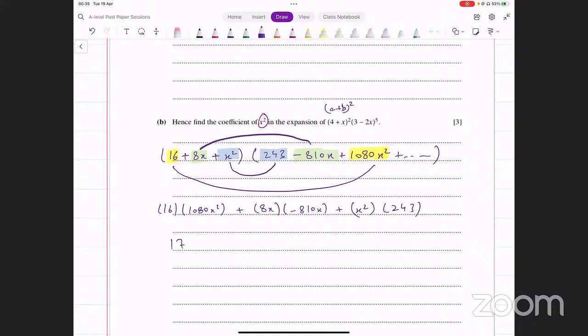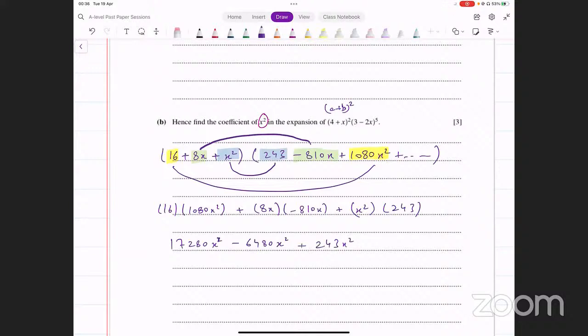These are very large numbers. Minus 8 into 810, that is 6480. And then we have 243x squared.